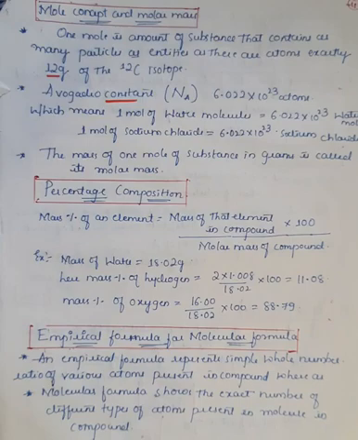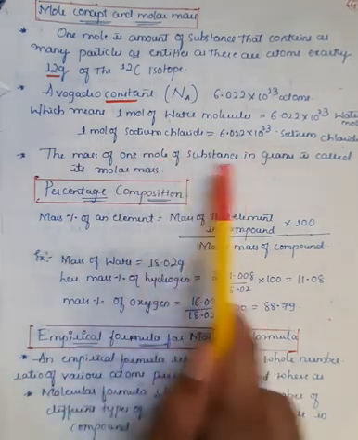And the mass of 1 mole of a substance in grams is called molar mass. If you define molar mass in a simple way, it is the mass of 1 mole of a substance in grams.